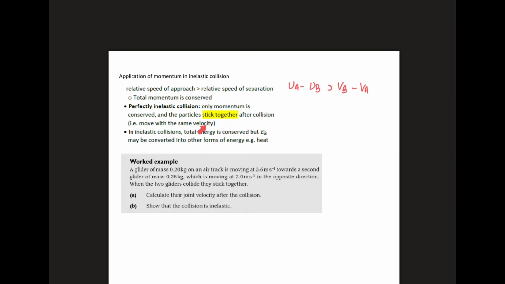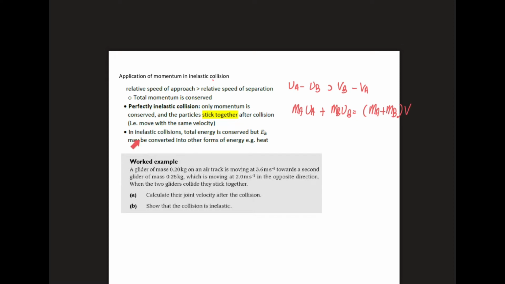The formula that can only be applied to a perfectly inelastic collision is the conservation of momentum: MAUA plus MBUB equal to MA plus MB times V. Okay, now let's move on.